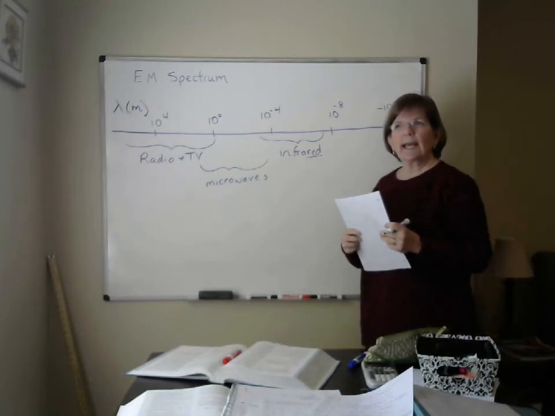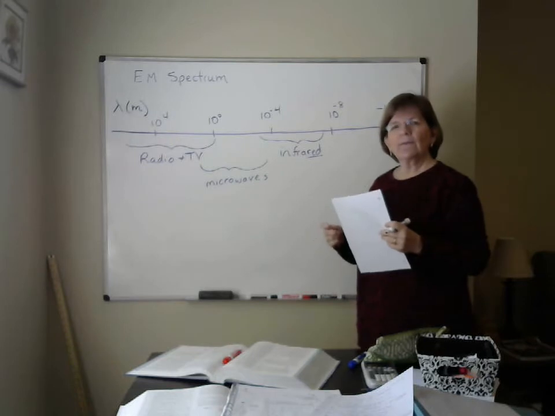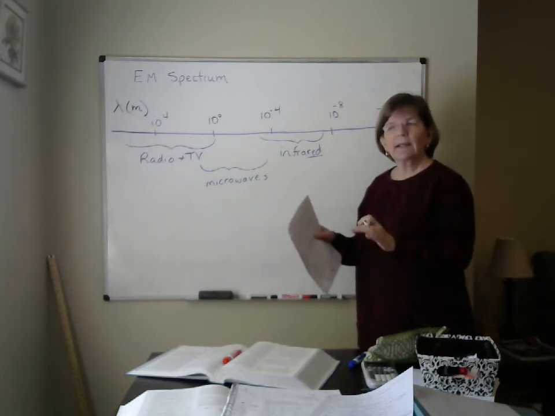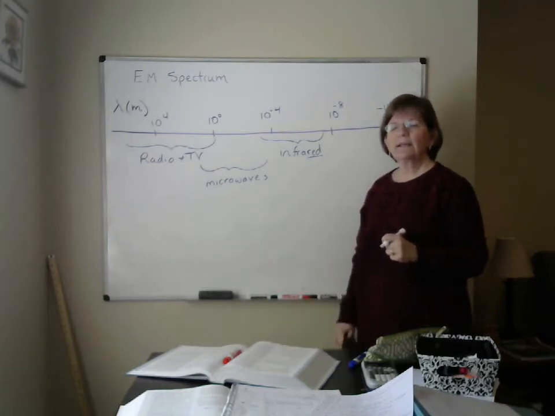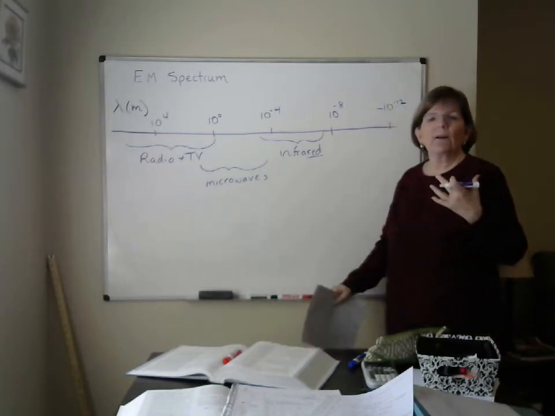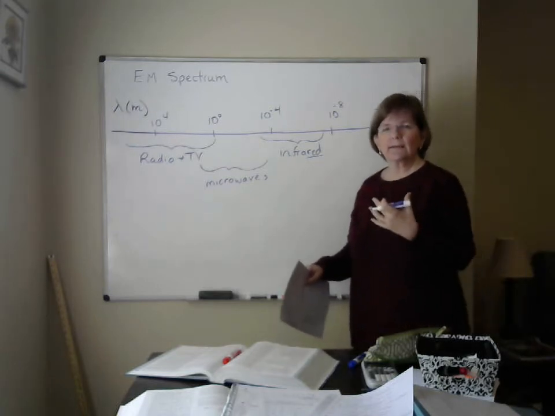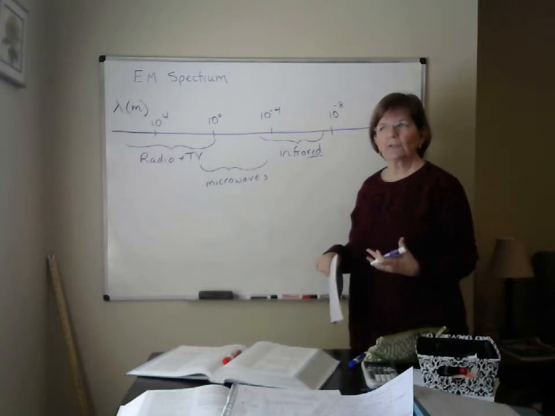We sense it as heat. If you've ever stood by a fire and you feel heat radiating away from it, that's infrared radiation. The sun does provide all the heat for our planet, and that heat arrives here as electromagnetic radiation from the sun in the form of infrared radiation.